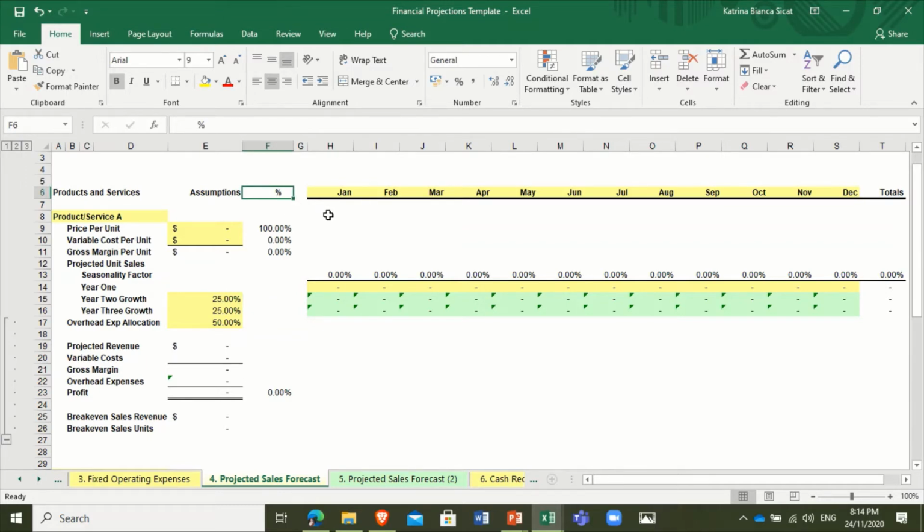Makikita to dun sa financial assumptions ninyo kung ilan ang tinatansya nyo or ina-assume nyo na level of growth every year. But then going back to what I was saying, the reason kung bakit monthly, it's because some businesses are very much seasonal.